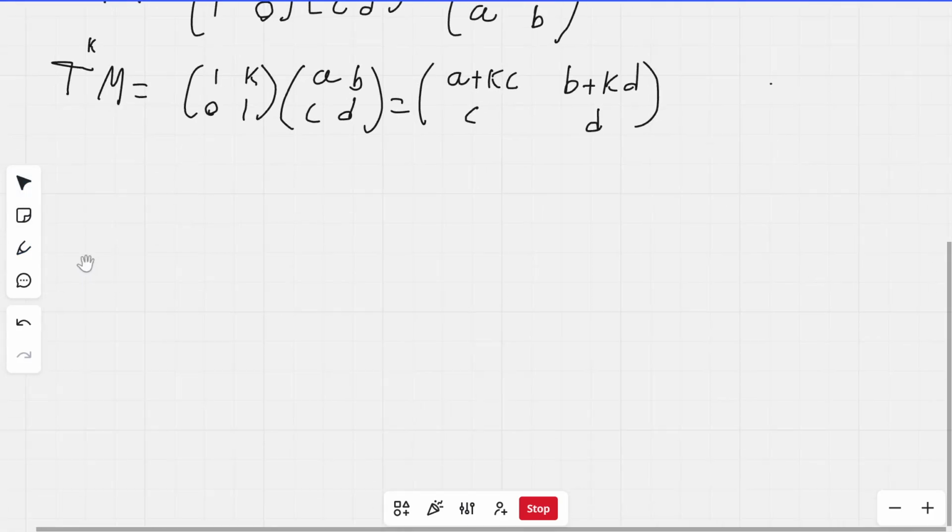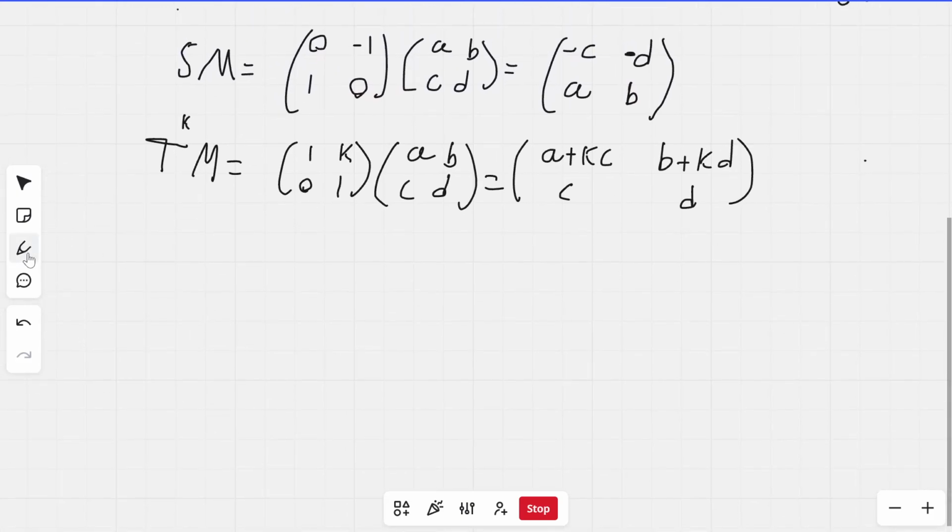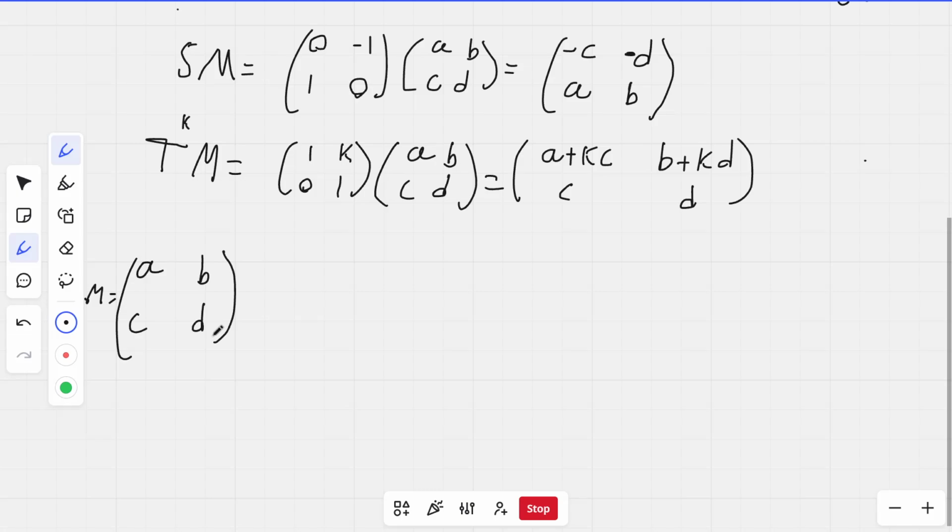So now, let's say we have our M, A, B, C, and D. We can assume, without loss of generality, that the modulus of A is greater than or equal to the modulus of C, as in the magnitude of the top left entry is larger than the magnitude of the bottom left entry.